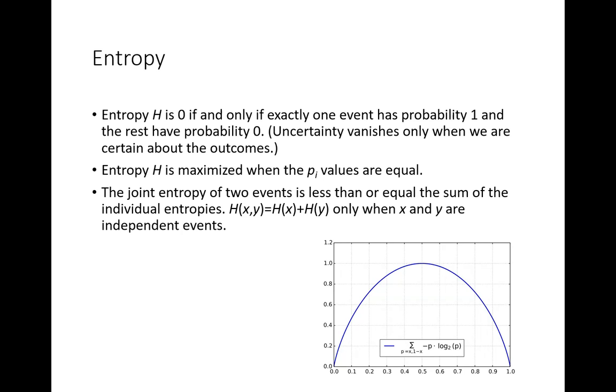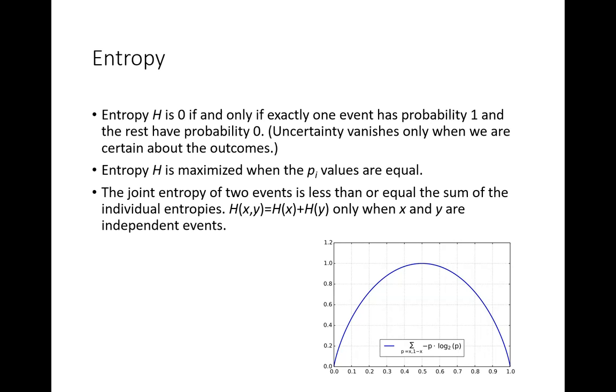For example, if you have a coin and the coin is not manipulated or biased, obviously when you toss the coin, either it can be head or tail. All right. Both have equal probability. So you can say the entropy of tossing a coin and observing a head or tail, that entropy is maximum, equal to 1.